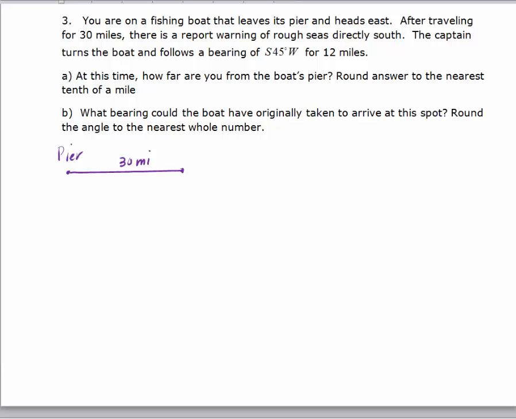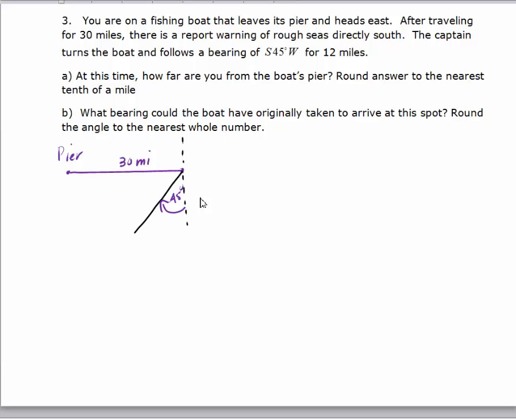So I'm going to draw in my north-south line, or broken line, to help me draw my bearing. And I know I'm going south 45 degrees west. And so I'm going to draw a line that would create a 45-degree angle right here.